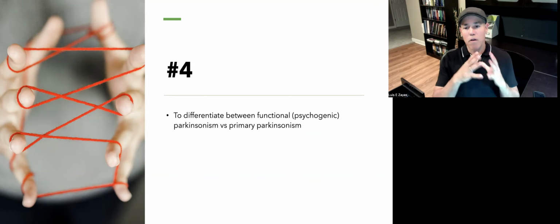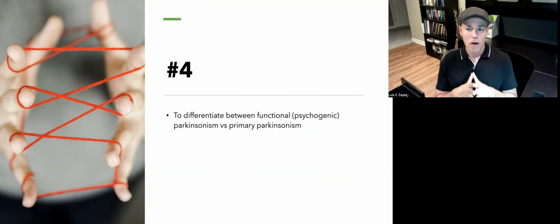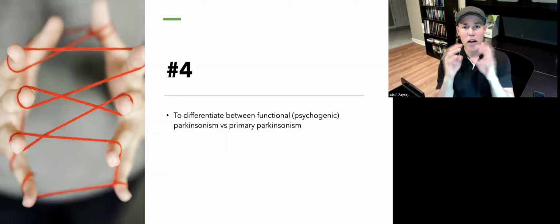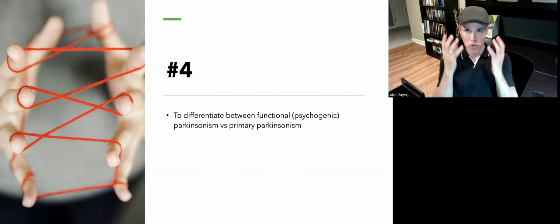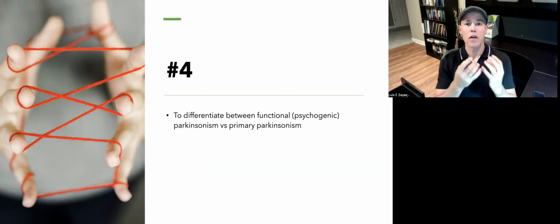I will tell you that functional neurological disorders are caused by a dysfunction in the way that your neurons connect with each other. So there is basically nothing structural in the brain. It is how your brain cells, your neurons, connect with each other. So this is what we call a functional neurological disorder.